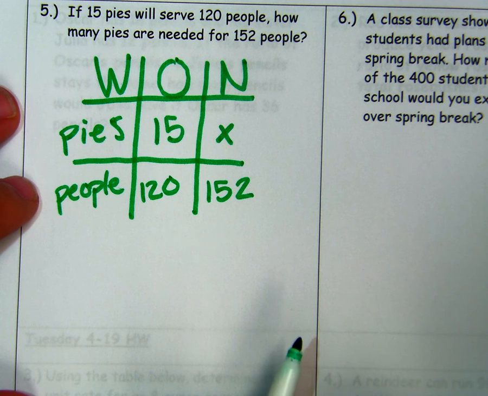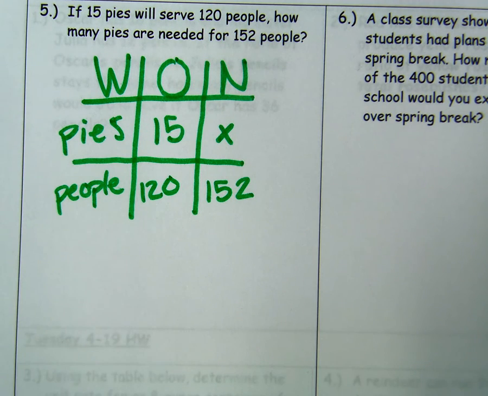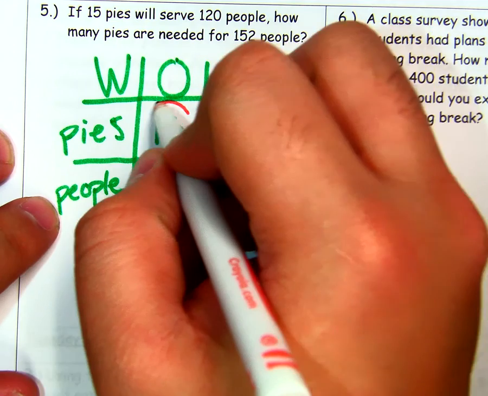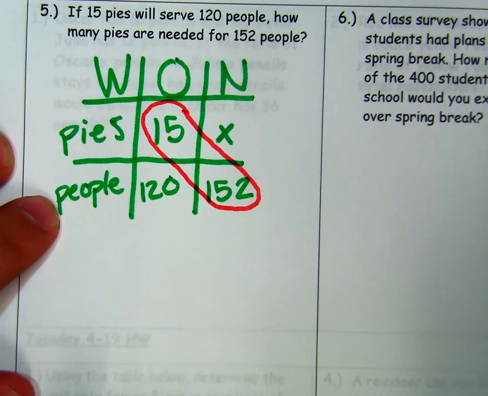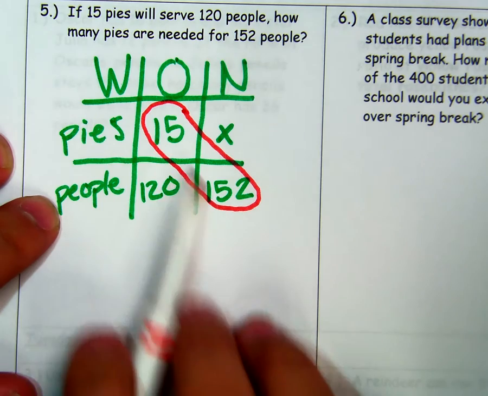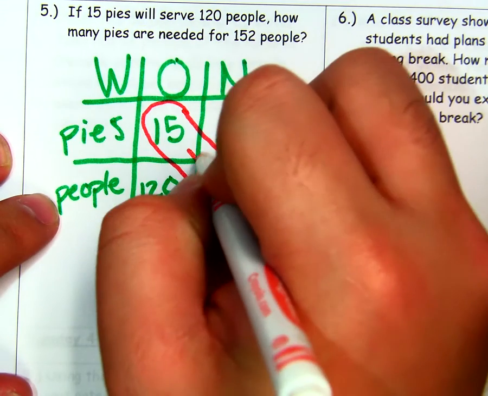First thing we need to do is draw our bat and our ball. So I'm going to go ahead and switch colors here, that way we can see how it looks as we solve. So first thing we'll do here is we'll draw our bat. And keep in mind, these two numbers that you circle inside the bat need to get multiplied together.